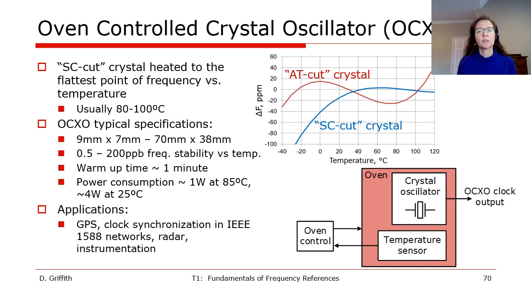So typical OCXO specifications are a package size of up to 70 by 38 millimeters squared and a frequency stability of 200 parts per billion, a warm-up stabilization time of about a minute, and a power consumption between 1 and 4 watts, depending on the ambient temperature. So very good results are possible, but at significantly higher power consumption than any frequency reference we've discussed earlier in this talk.